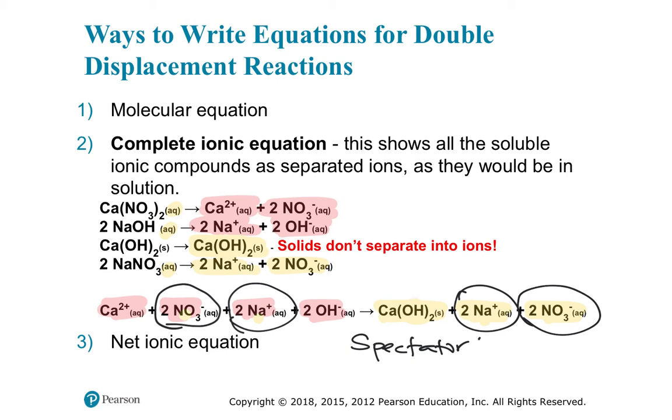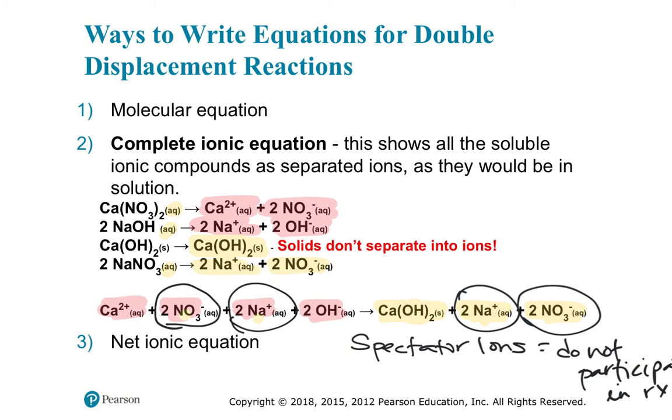Spectator ions appear on both sides of the arrow because they don't participate in the reaction. So they're like spectators at a sporting event. They're just watching it happen. They do not participate in the reaction.